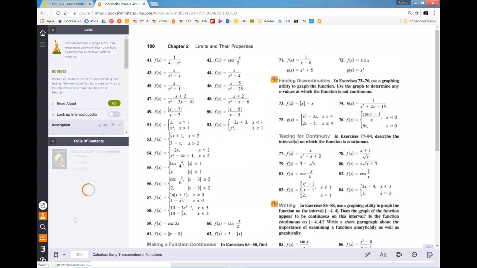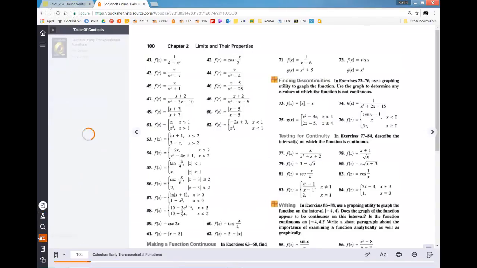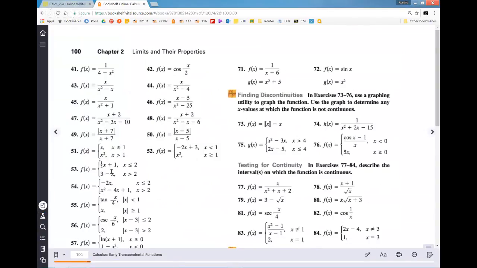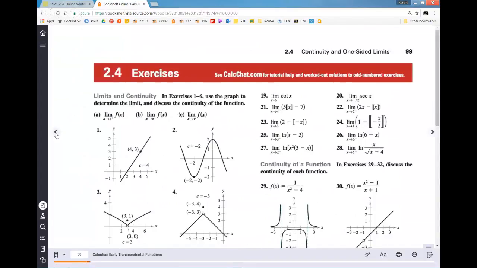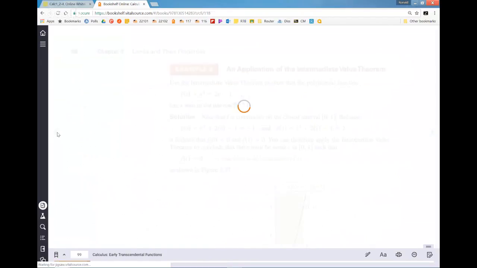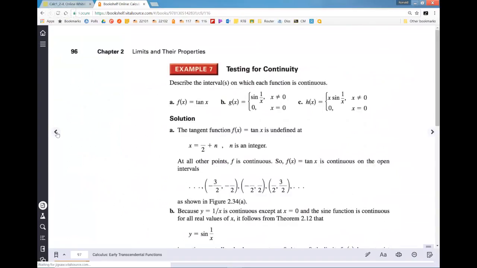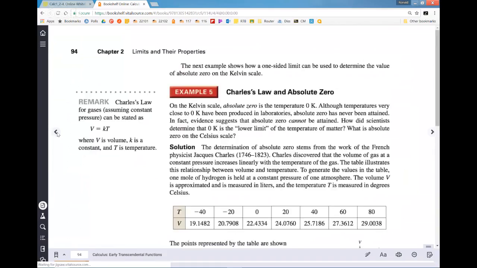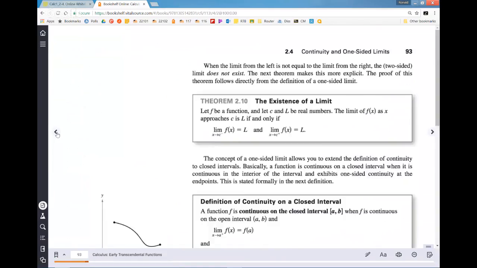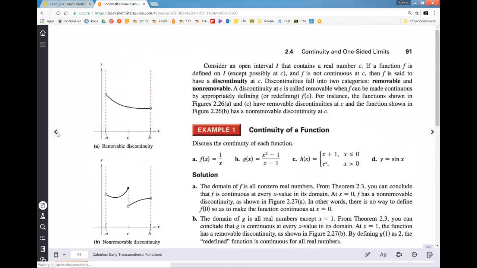Back to page 100. Okay, we're at least close. Is it 2.3? Yeah.